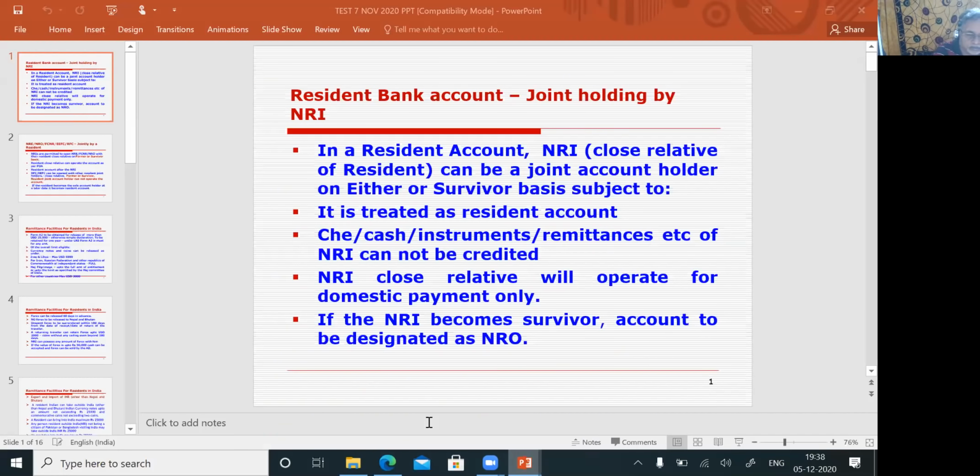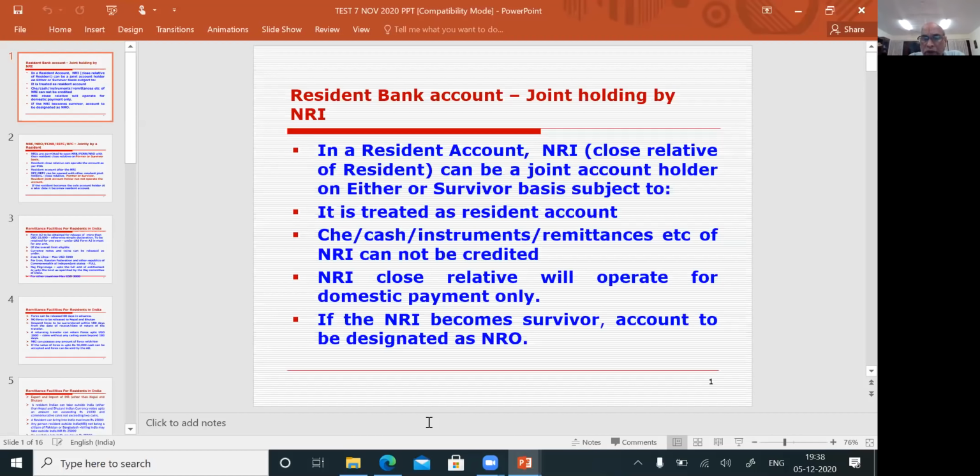So if I am correct, in a resident account, an NRI close relative can be a joint account holder. The condition is it should be either or survivor. For all purposes, it is treated as a resident account. So money belonging to the NRI should not be credited.